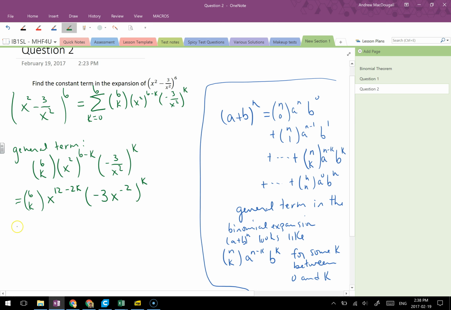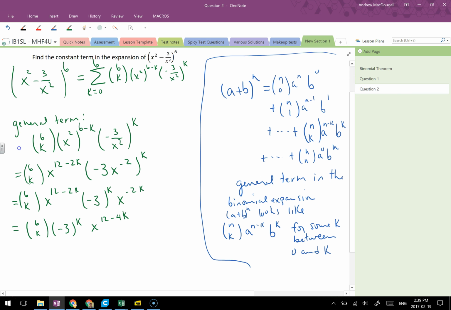We can simplify that last bit: that's negative 3 to the k times x to the negative 2k. Now we have an x to the 12 minus 2k and an x to the negative 2k. We can combine those. We're multiplying with the same base, so we add the exponents. This is x to the 12 minus 4k.